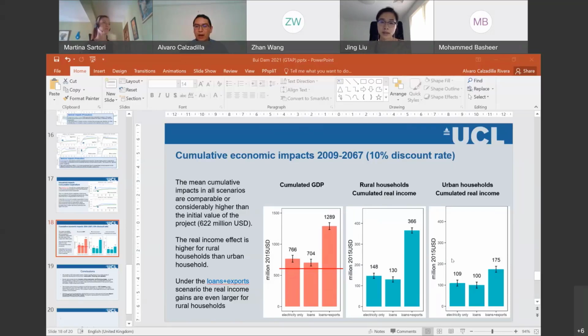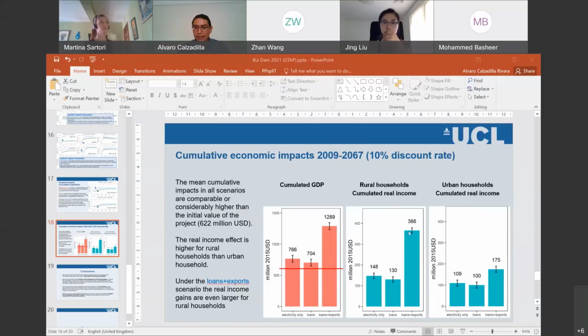Yes, basically the rural households work more in the agricultural sector, and the agricultural sector experiences a boost in production because of these cocoa exports. It's basically that they are exporting more than they were doing before. And for this reason, the rural households who own the land profit from this situation.